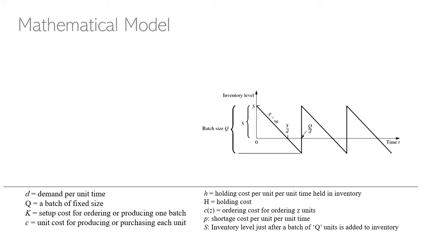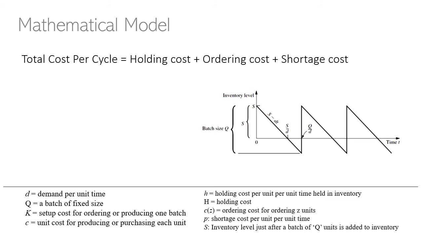This is the picture from one of the earlier slides, just for reference. So we'll continue with the same equation. Total cost per cycle is equal to holding cost per cycle plus ordering cost per cycle plus shortage cost per cycle. Let us go through them one by one. First is the holding cost per cycle.